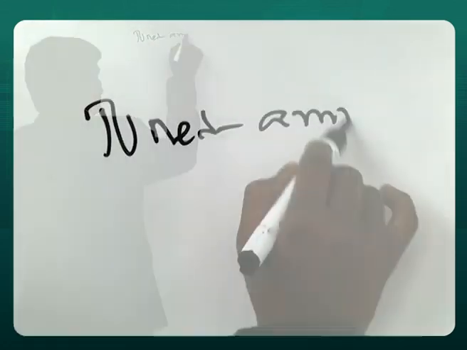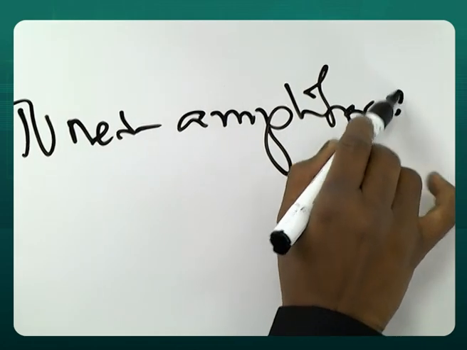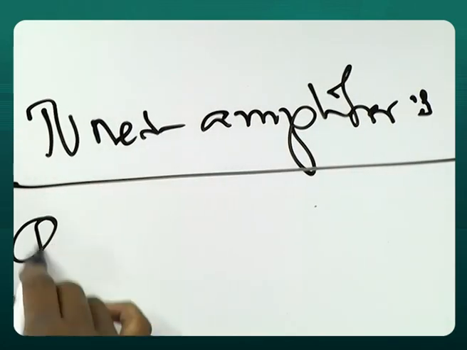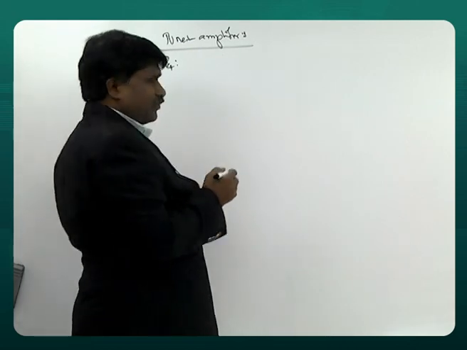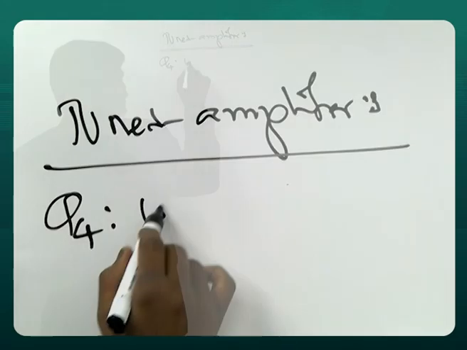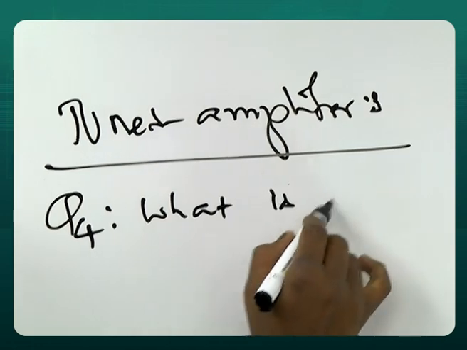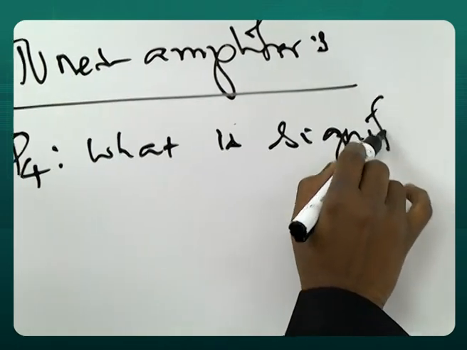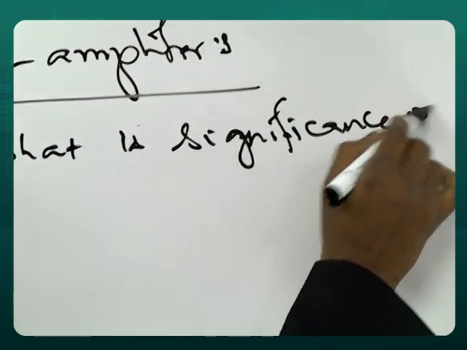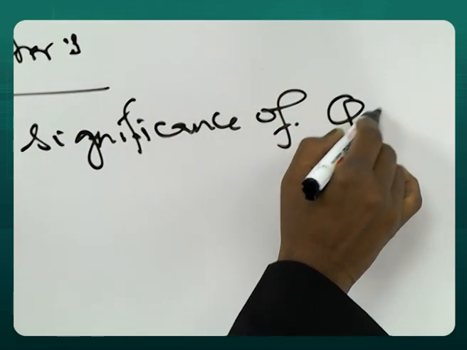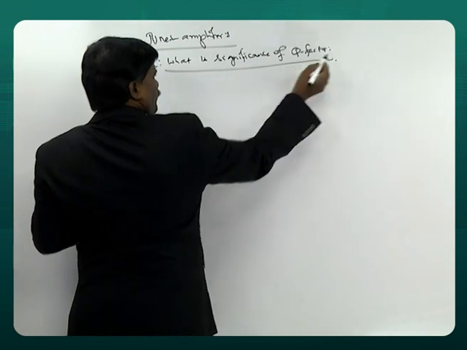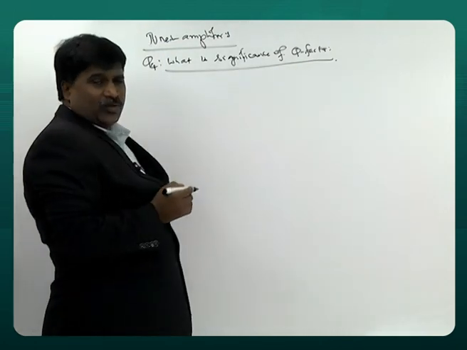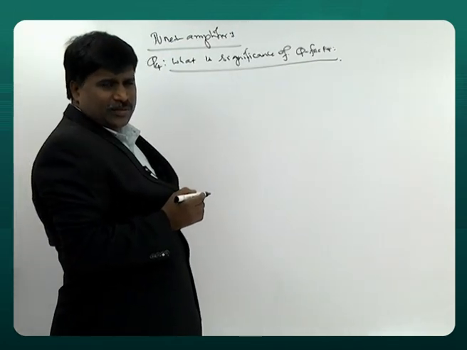Now I'm taking up a question number 4. Tuned amplifiers. Question number 4. That is, what is significance of quality factor? In fact, I said, what is the quality of quality factor?